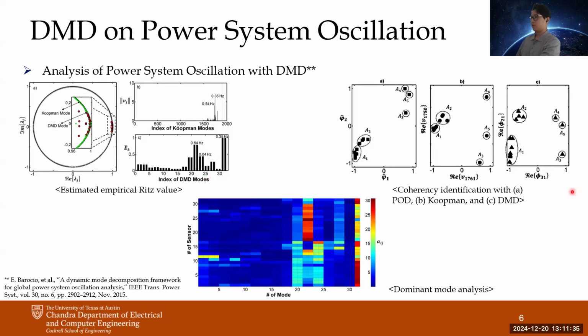And in this right figure, this paper used the pi matrix of the DMD to analyze the electrical coherency between the generators. And in this below figure, it simultaneously used the pi matrix and gamma matrix to analyze the dominant mode and how this dominant mode is distributed among the measuring buses.